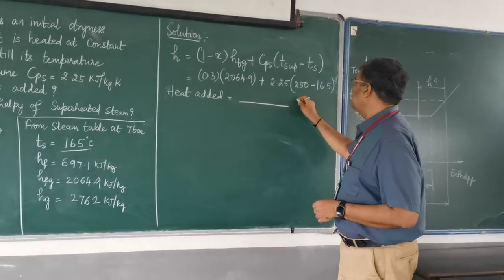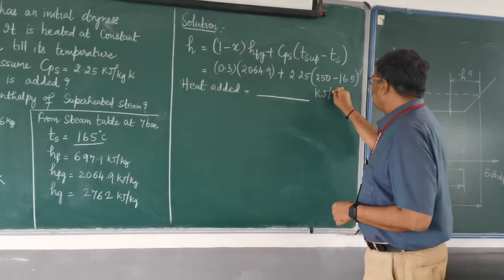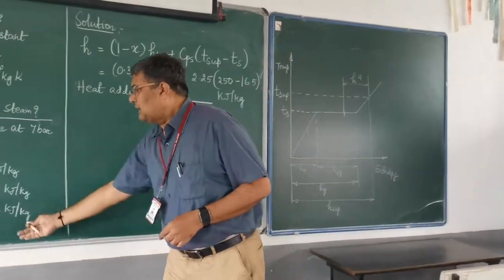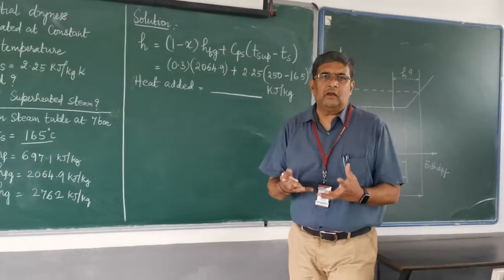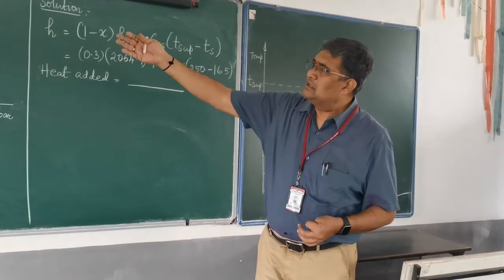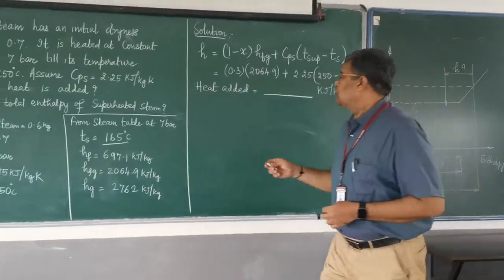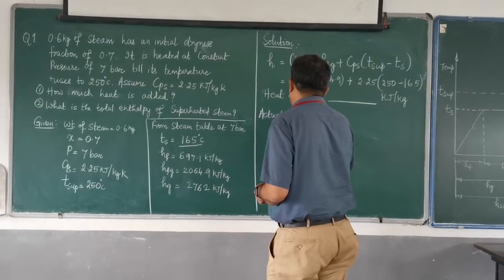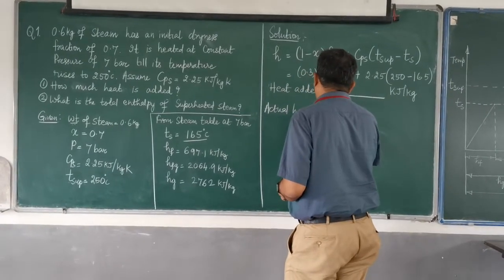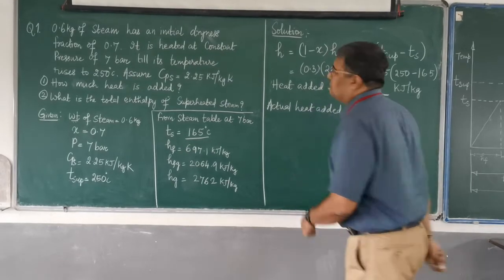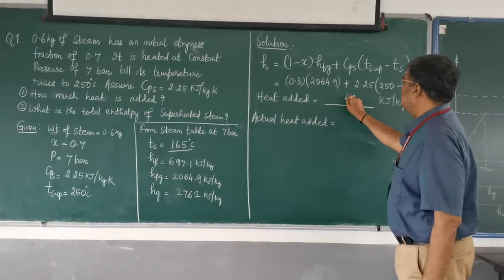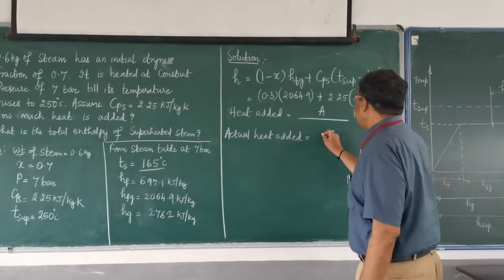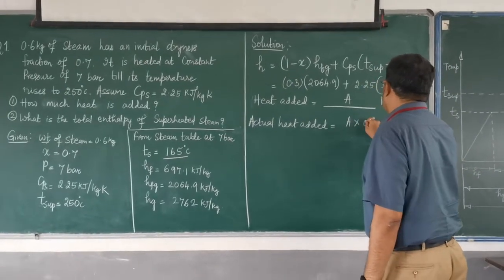Whatever value you get, you will write it as kilojoules per kg, because all the values which we have noted down are kilojoules per kg. But how much is the steam which is available with us? It is 0.6 kg. So actual heat added will be equal to, suppose whatever value I have obtained is A, let's say. So actual heat added will be A into 0.6.